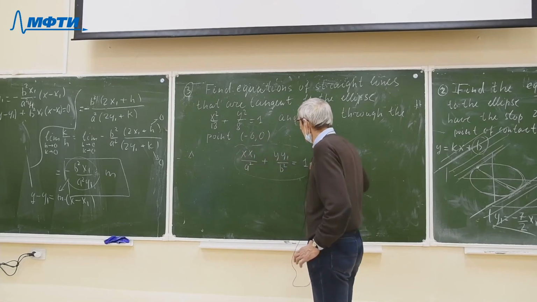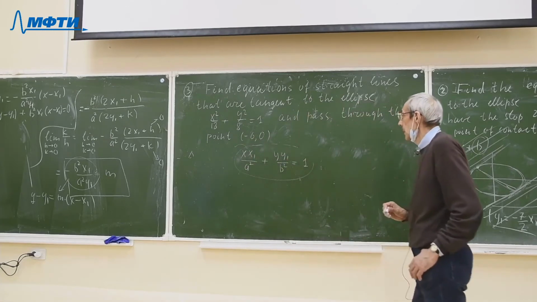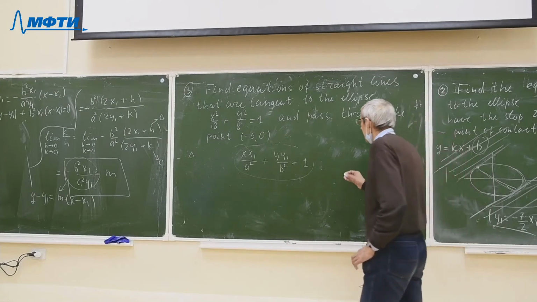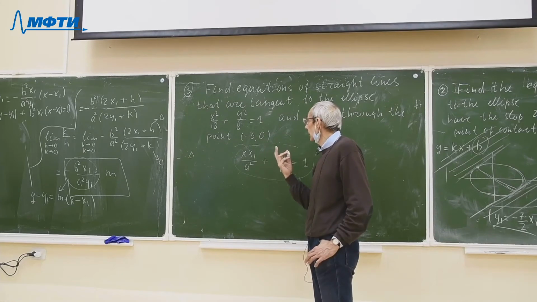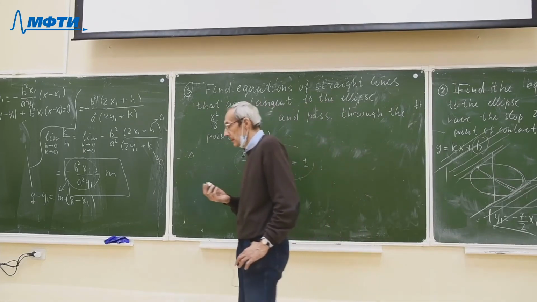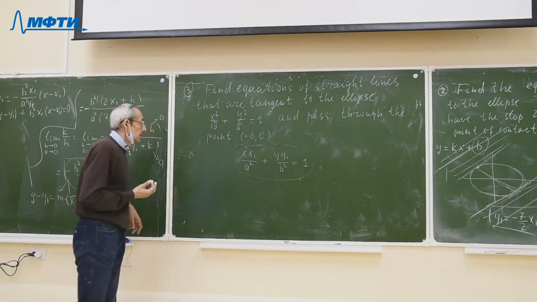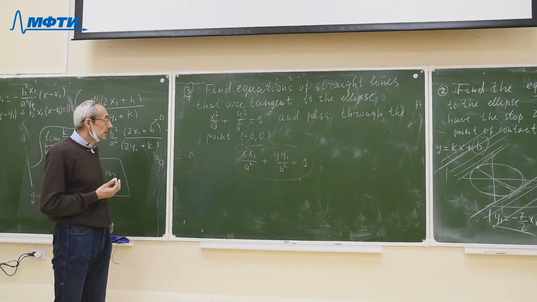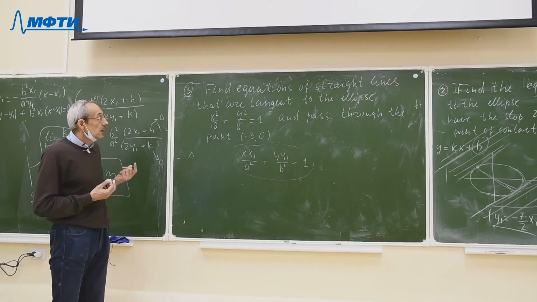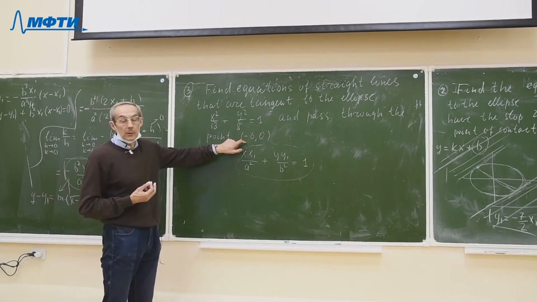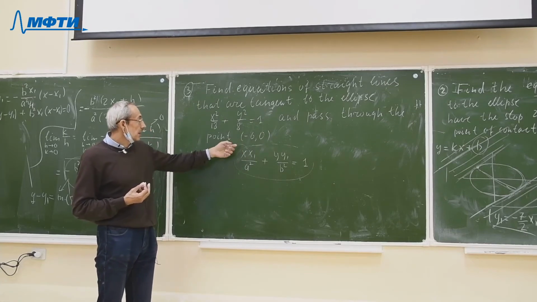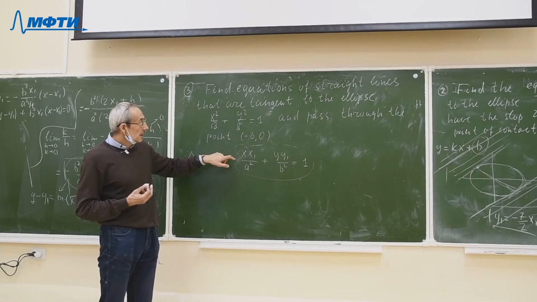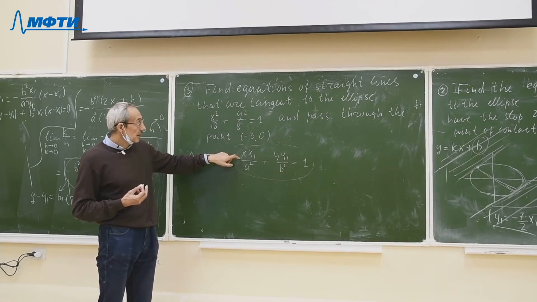This is the general formula for all tangent straight lines, but our tangent, which we must find from this condition, passes through the point which has the coordinates (-6, 0), and therefore these coordinates satisfy this equation.